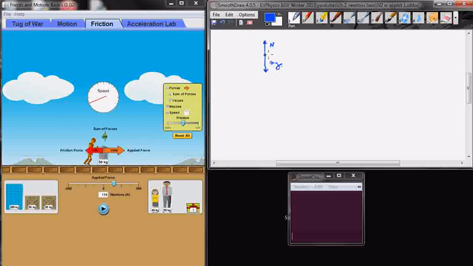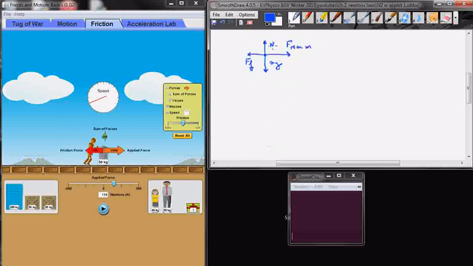And there will be an F applied in this direction, the force of the man on the mass m, and then a slightly shorter vector backwards, which represents the static friction.